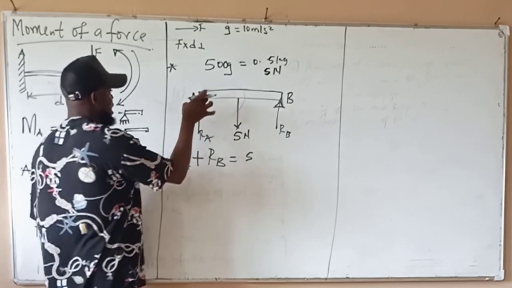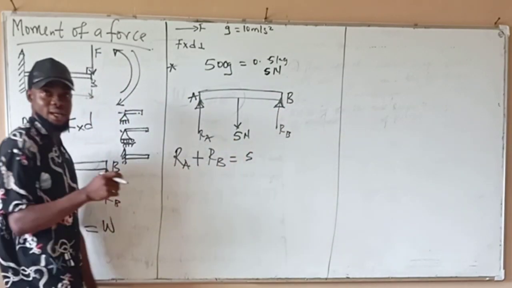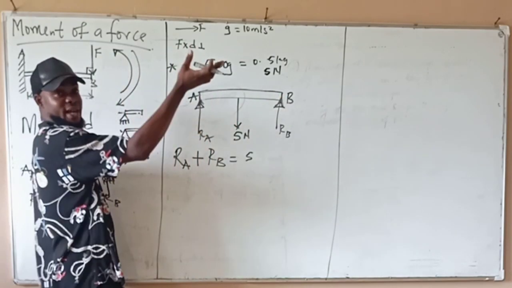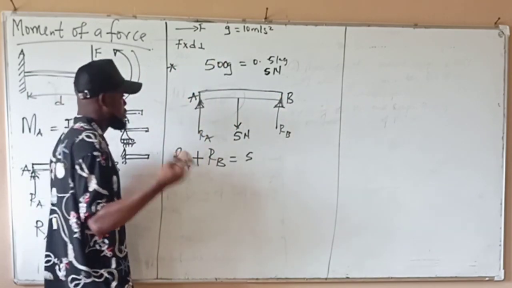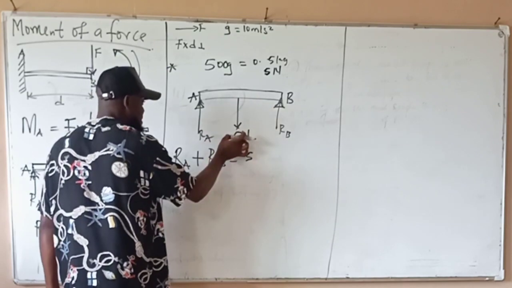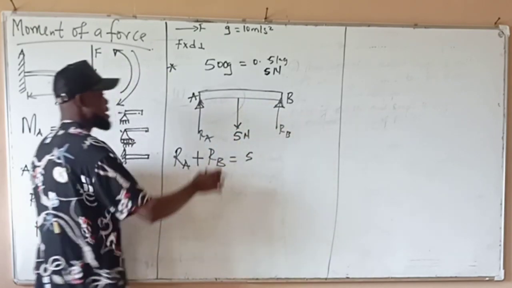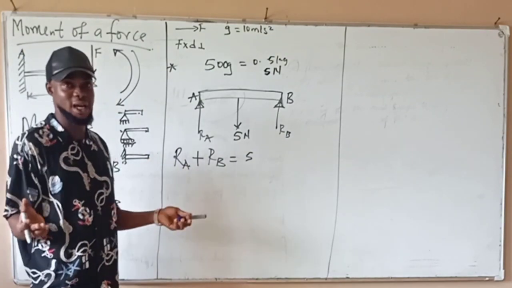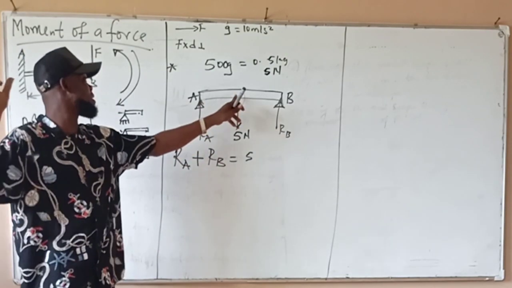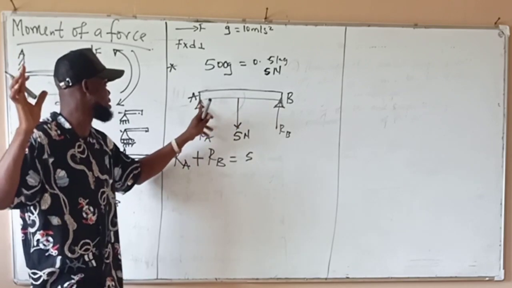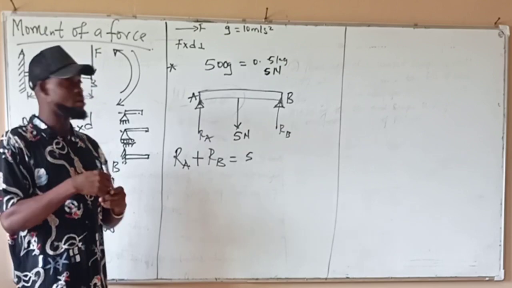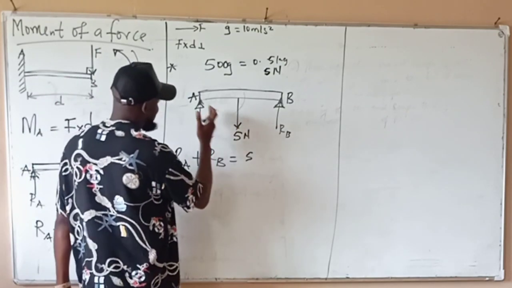The next question will be, okay, since arrow A and arrow B are at the free ends, and this load is at the center, arrow A and arrow B will be taking half each, because the loading is symmetrical. You can just share it into two. They will carry half of it.